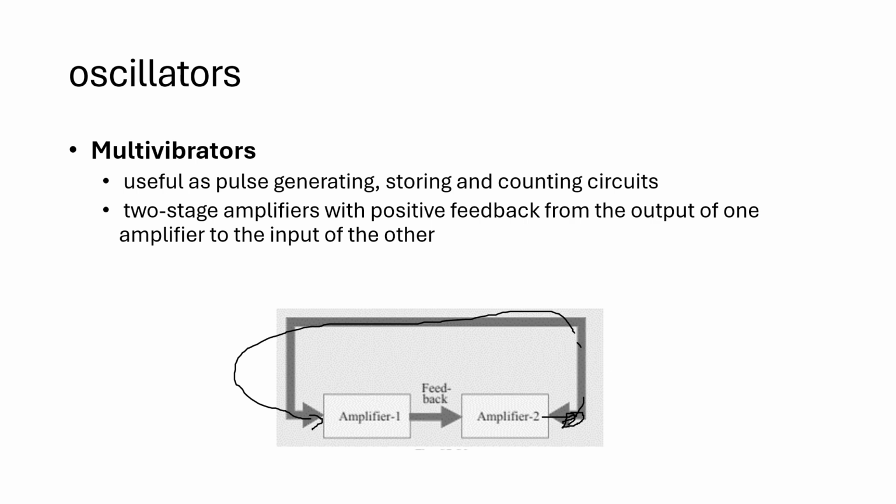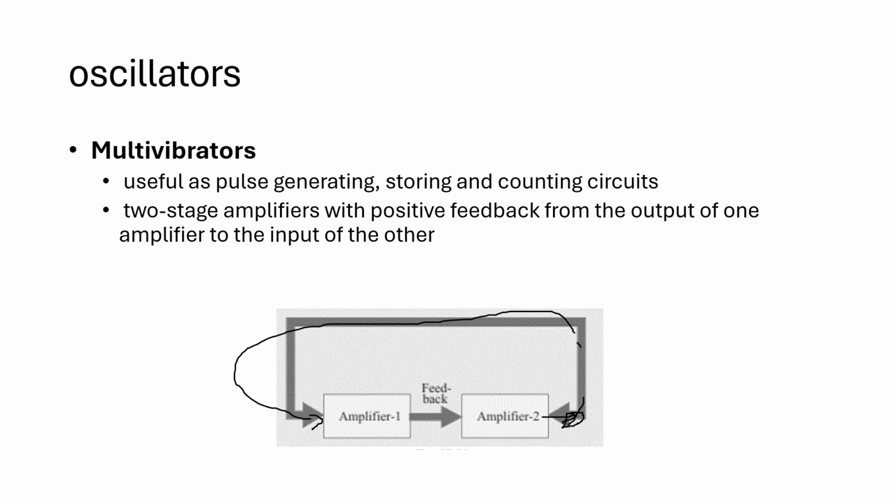This feedback is supplied in such a manner that one transistor is driven to saturation while the other is cut off. So the two transistors do not both work in saturation or both in cut-off mode. Instead, if one is saturated, the other one is cut off, and vice versa.